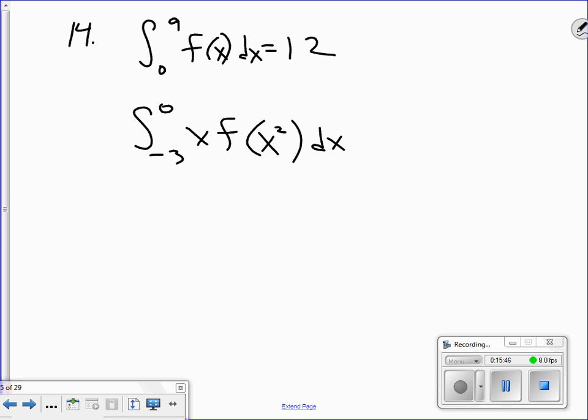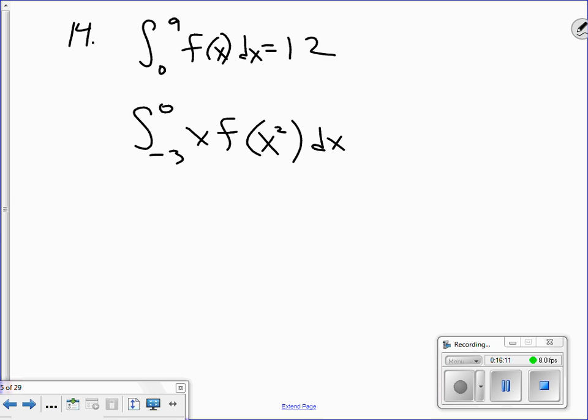Anybody have any clue what we're going to do? Even if you didn't have the f, if you wanted to integrate this, what would you have to use? Power rule? Well, it's f of x squared. X squared is being plugged into a function. So that's the inside. How do you take the antiderivative of a composition of functions, which is what this is?